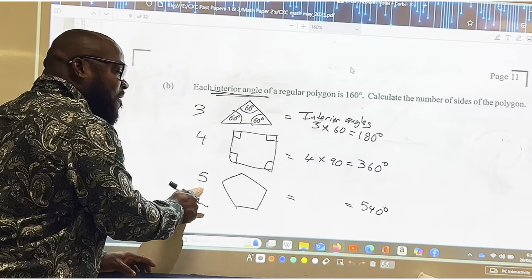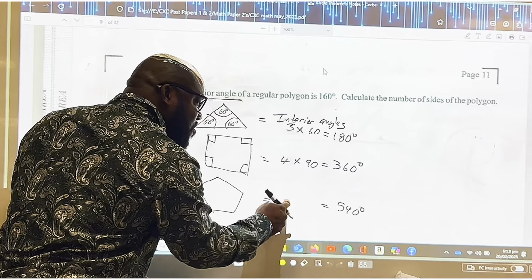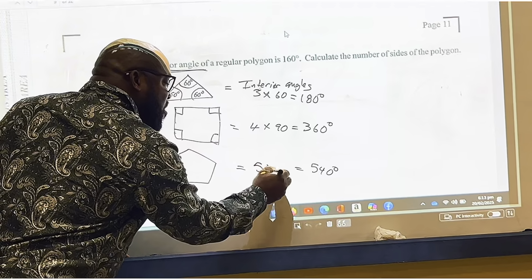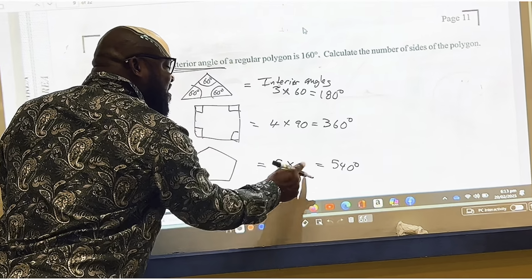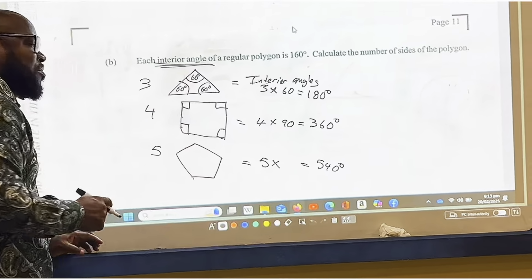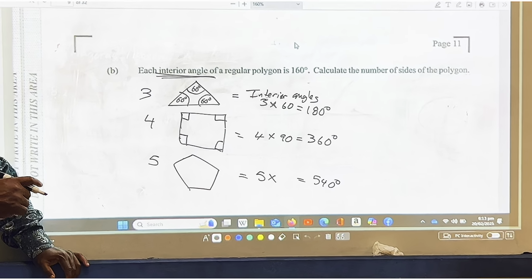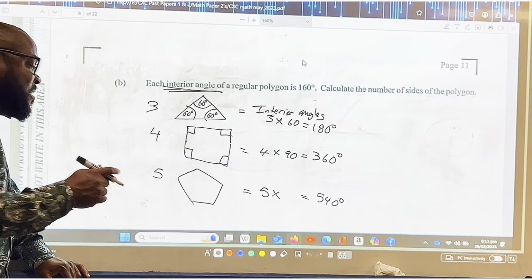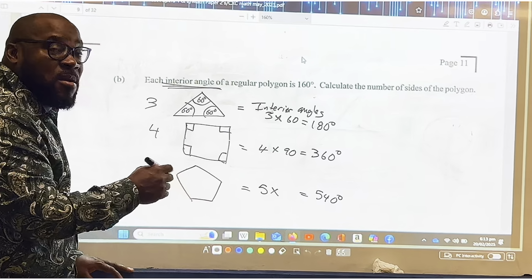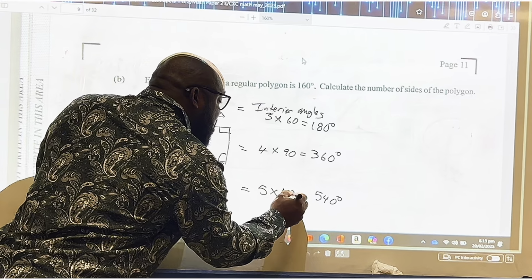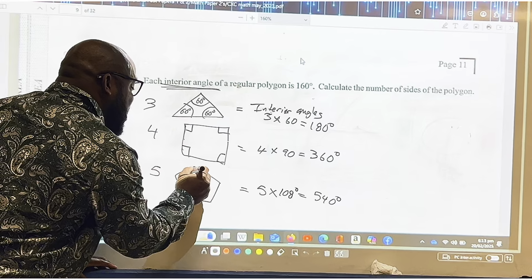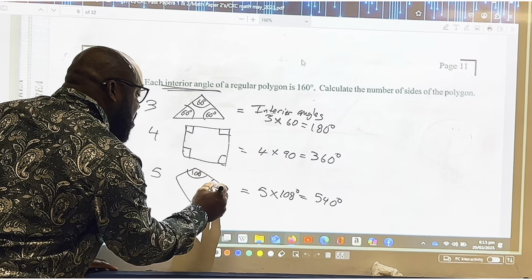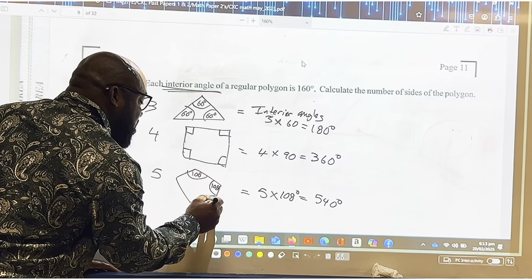And how many sides are here? 5, right? So 540 divided by 5. Tell me how much the angle will be inside here. I'll tell you. 108. So each of these will be 108.